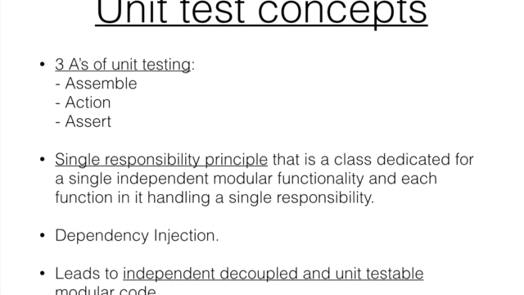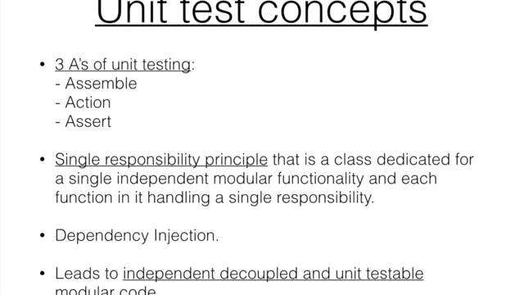So that was the assemble, act, and assert thing. And there is a thing called the single responsibility principle. It says that whenever you go about developing anything, if you want it to be unit tested, you should have, let's say you're developing a class, class authentication.